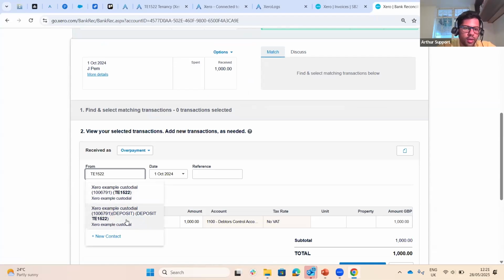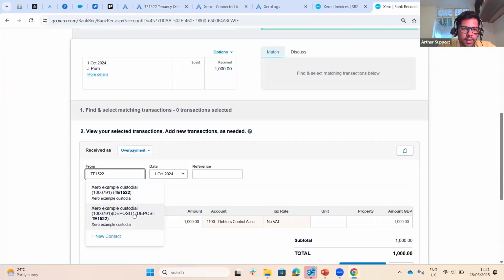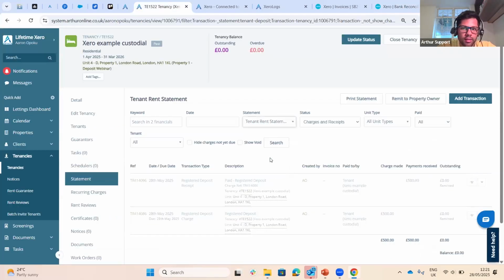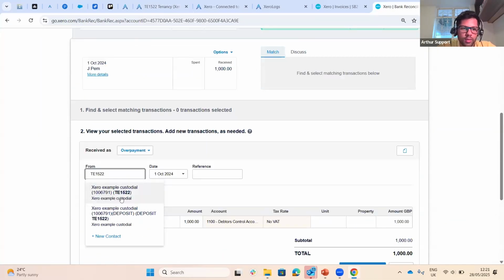If the holding fee contributes to the deposit that you will eventually raise in the deposit statement here, so you will eventually raise this deposit charge, then select the deposit contact. If it's contributing to the first month's rent and you want that holding fee to sync across to your rent statement down here, and then allocate it to the first month's rent, then use this contact.